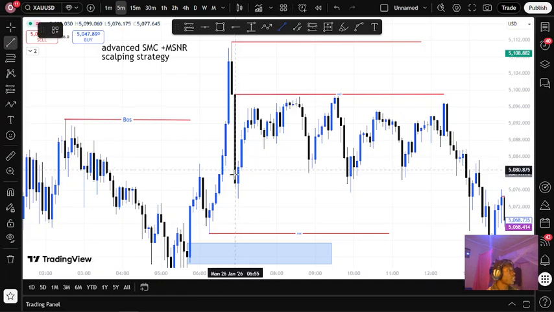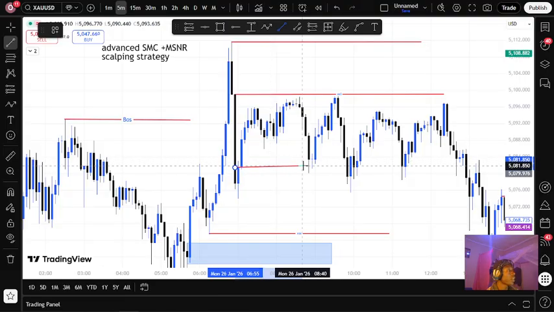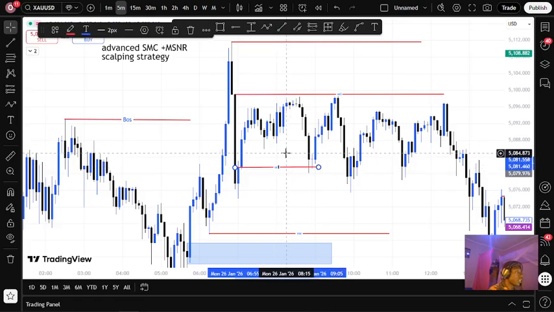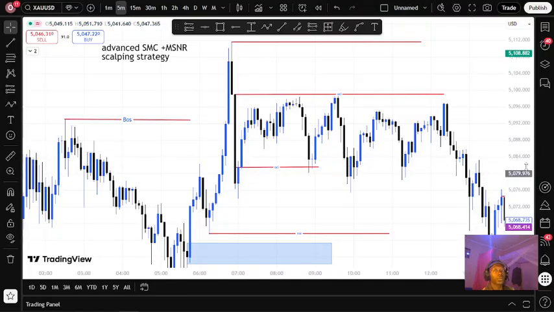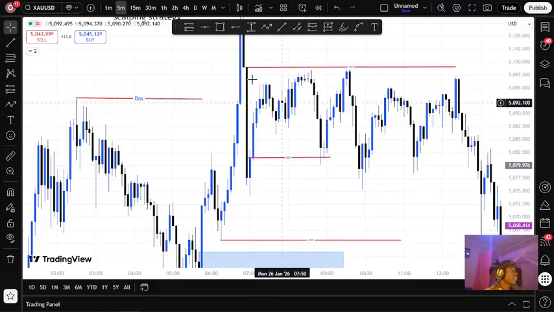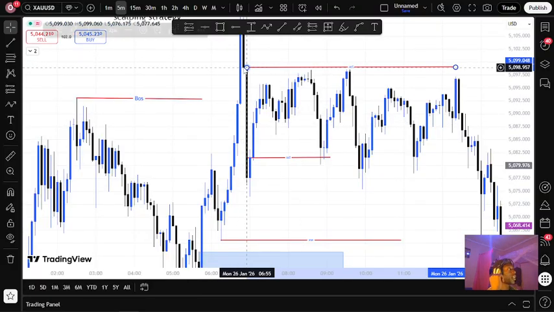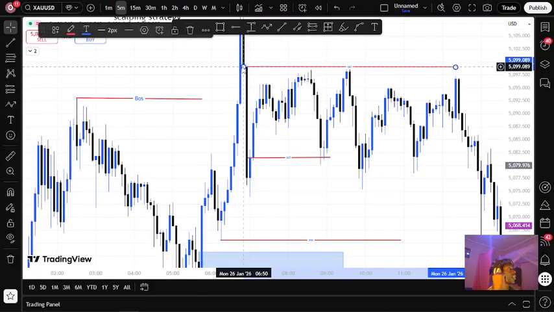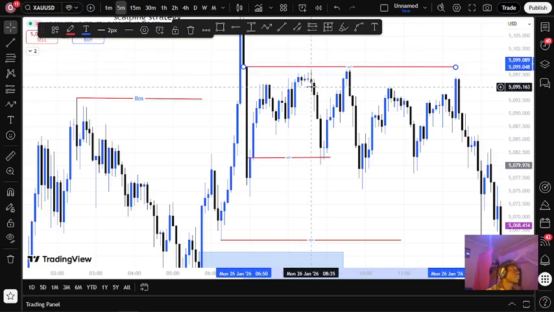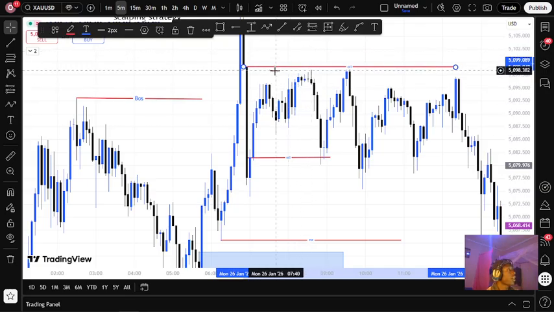After it dropped, it went up a bit and formed another OCL at this point here. Anyway, it's an OCL.